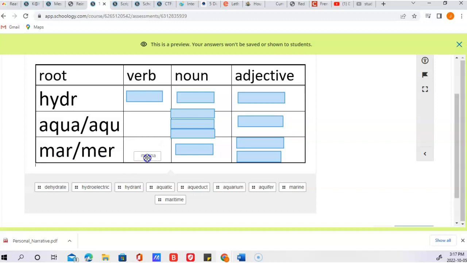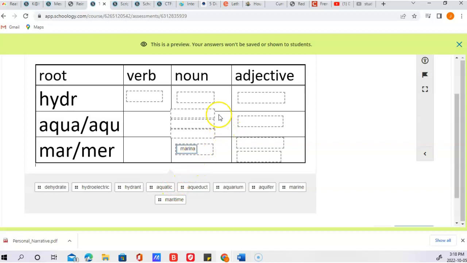So we have no verbs, it can't be a verb. So is a marina a noun or an adjective? Remember that nouns are things and adjectives describe things. Well, marina is a place where we store boats, so it's obviously a noun. So it would go there.